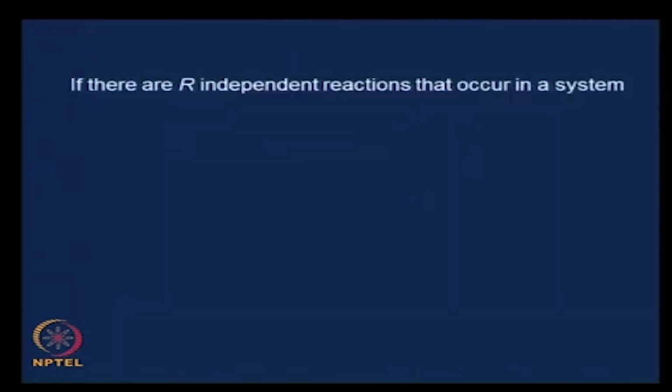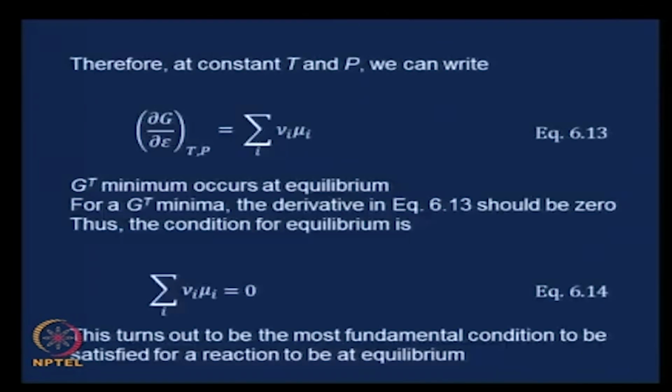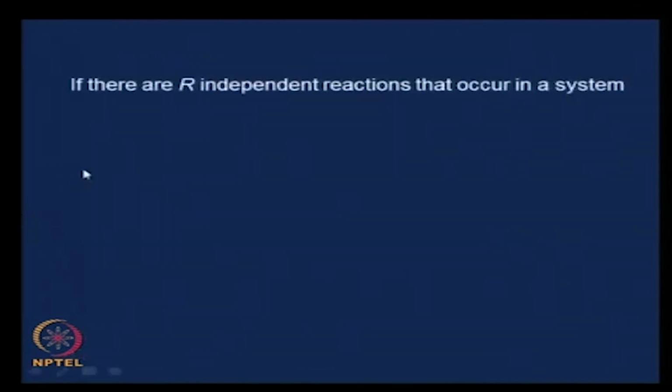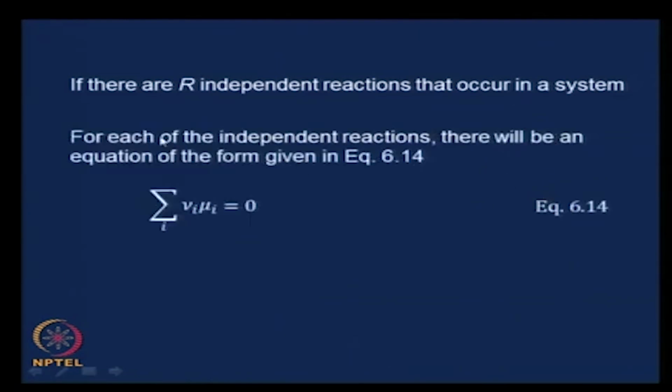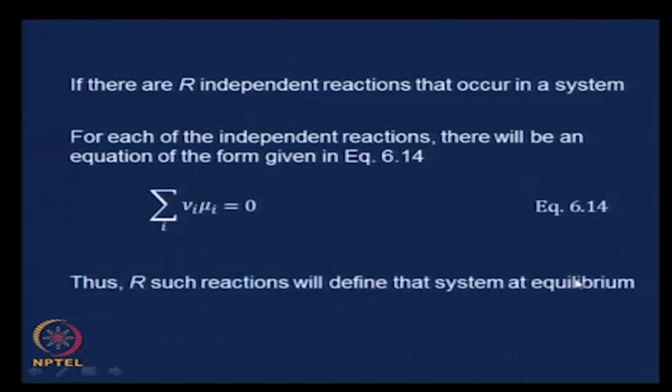Therefore, when we come back in the next class, or let me see whether we can go further a little bit. Okay, if there are independent reactions that occur in a system, for each of those independent reactions there will be an equation of the form 6.14, that is, sum of nu_i mu_i equals 0.